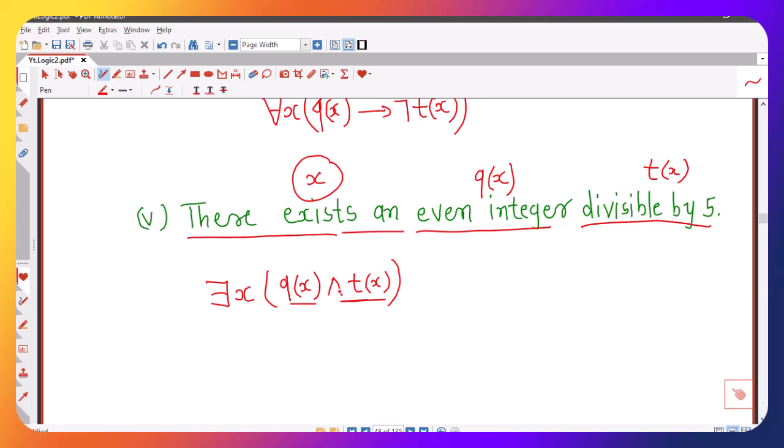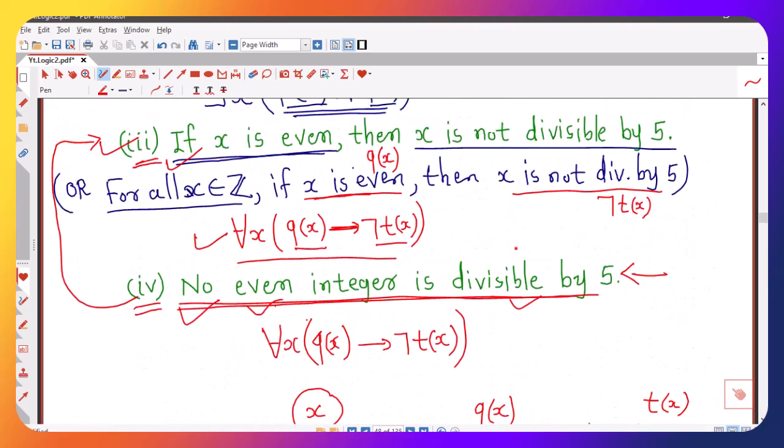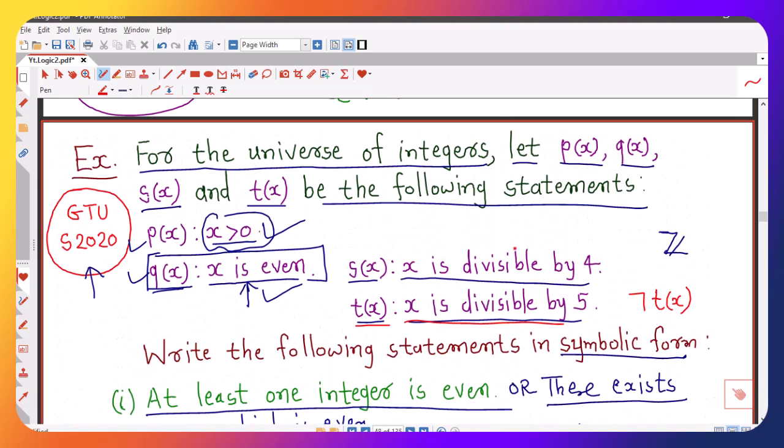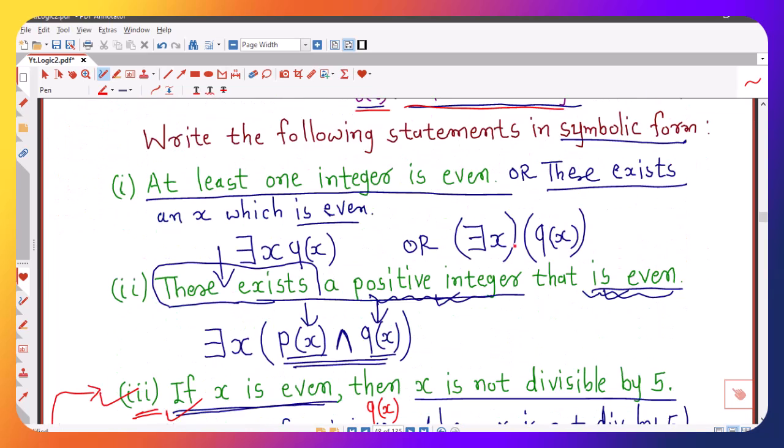Qx means x is even and Tx means x is divisible by 5, and that is true for at least one x, or there exists some x such that Qx and Tx. So in this way we can easily write down a given statement in symbolic form.